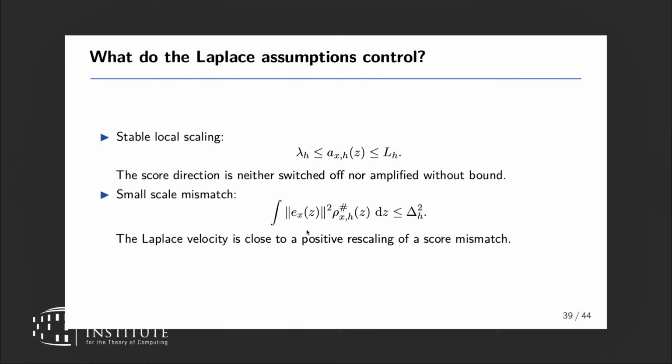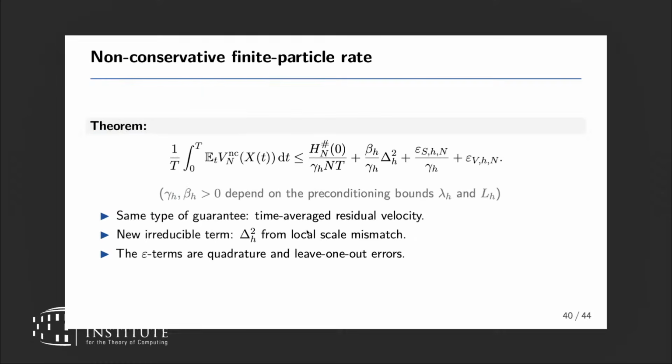So essentially, without going into much of the details, you have the same type of bound for this case, except that there will be an additional term here, delta H, which is never controlled by the number of particles.